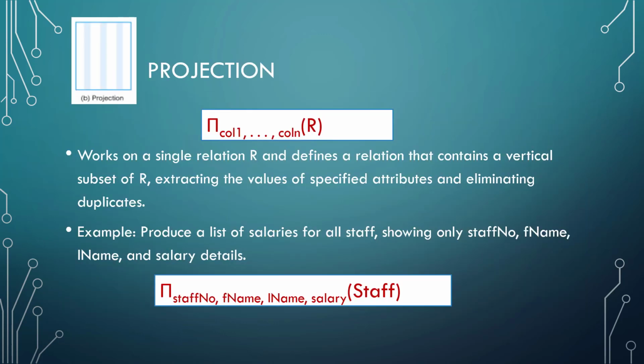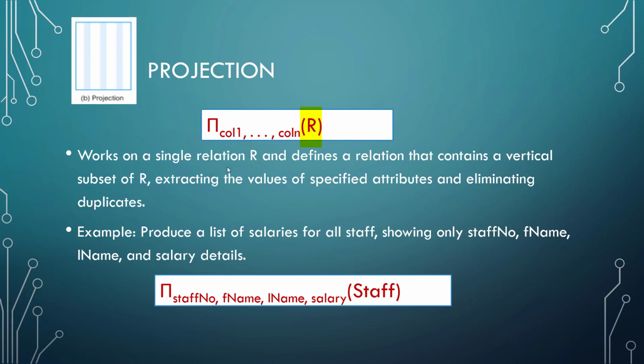Next operation is projection. And as you see by this image, projection is going to select all rows, but only certain fields or columns. So the expression looks like a pi symbol, and then just the list of columns that you want returned, and then in parentheses, the relation name or the rel var.